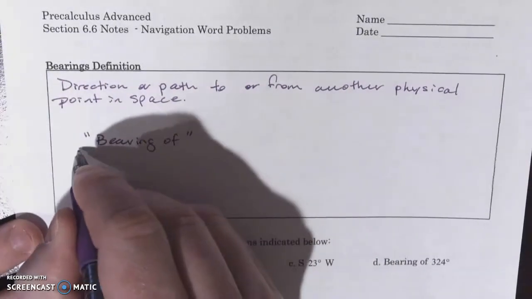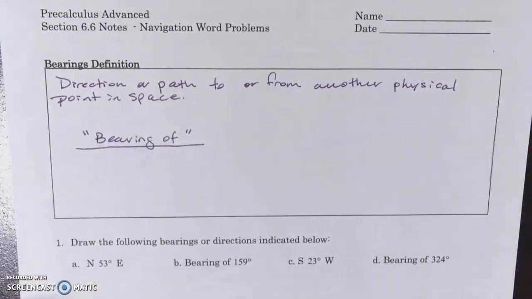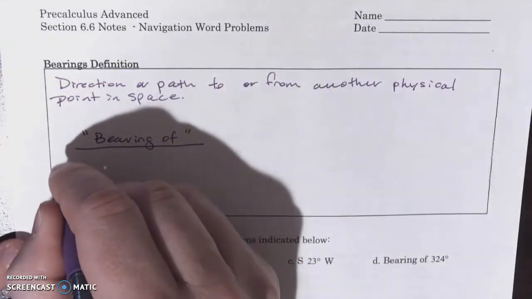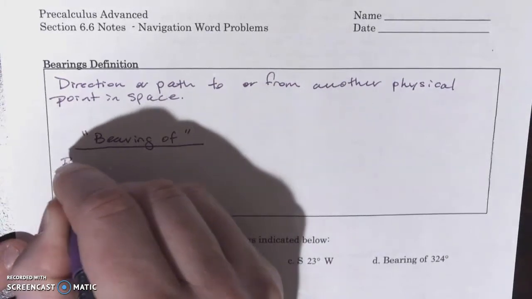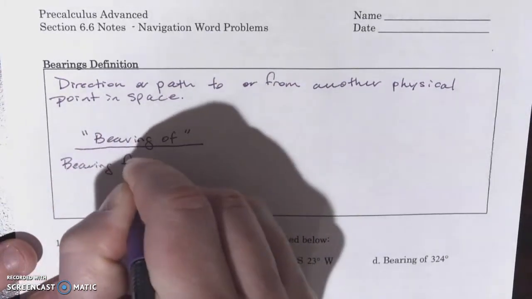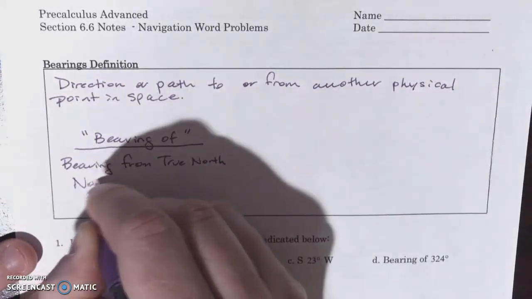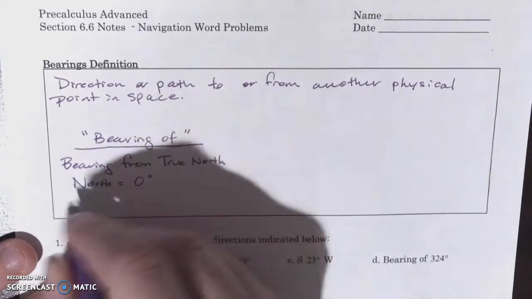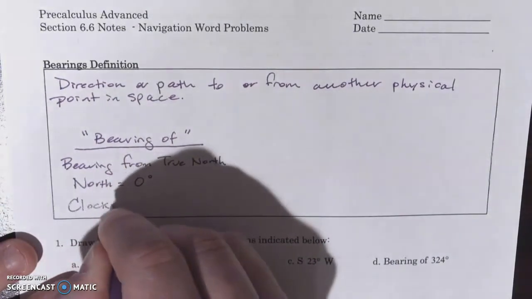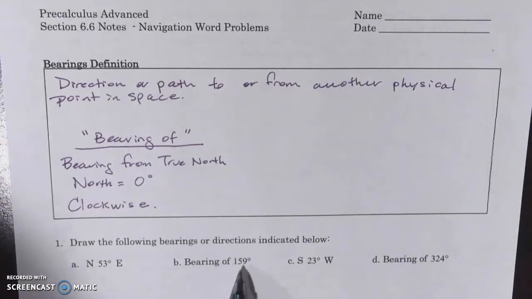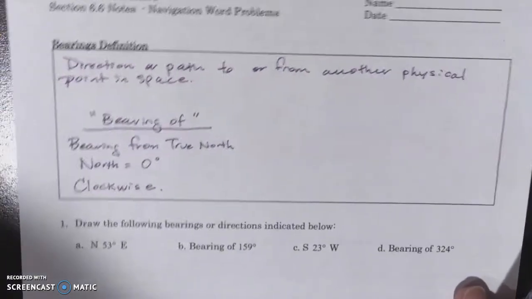This bearing of terminology, to figure out the direction, is a bearing from true north, where north equals 0 degrees, and we go clockwise. As you can see in this first example, a bearing of 159 degrees, a bearing of 4 degrees.